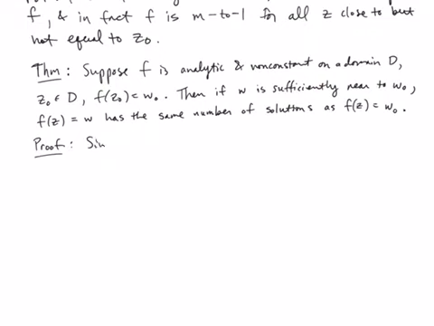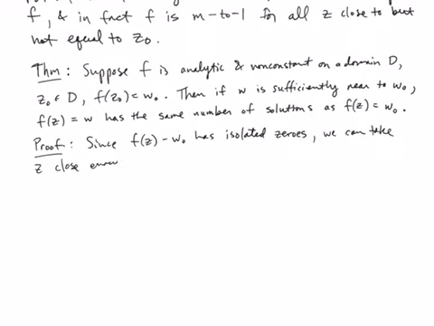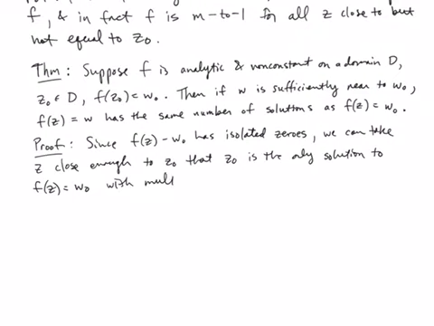Since f of z minus w naught has isolated zeros, right, any analytic function's zeros are isolated, we can take z close enough to z naught that z naught is the only solution to f of z equals w naught, with multiplicity m, say.